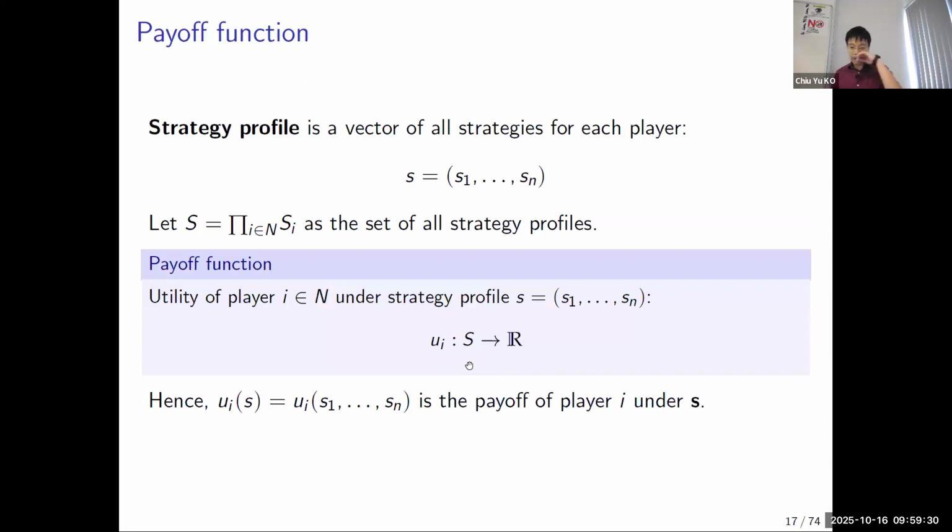Now, once you have that, that's to emphasize what the payoff function is. The payoff function is a mapping from the set of strategies to real numbers.